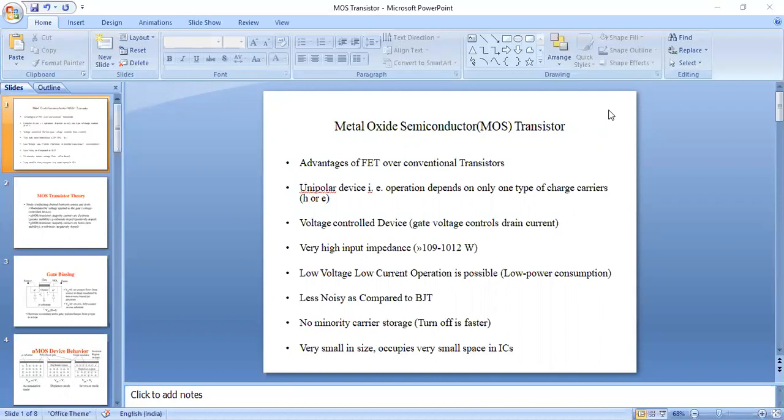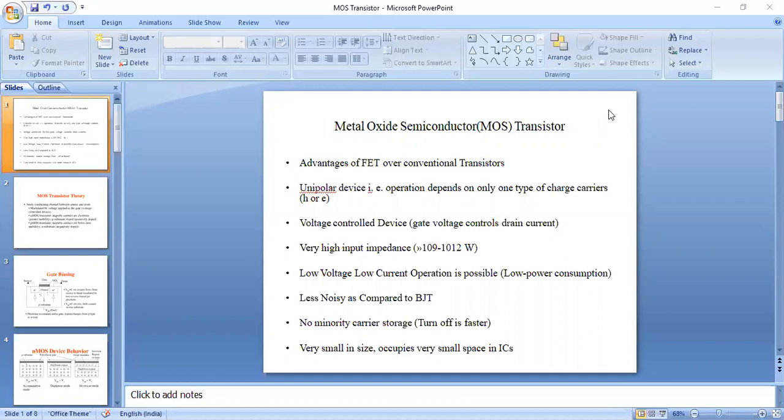Also, when we use this MOSFET, the power consumption is very low, because the threshold level for operating this device is much less compared to the bipolar junction transistor. As we know, the operating voltage for a BJT is almost 0.7 volts, is it not?